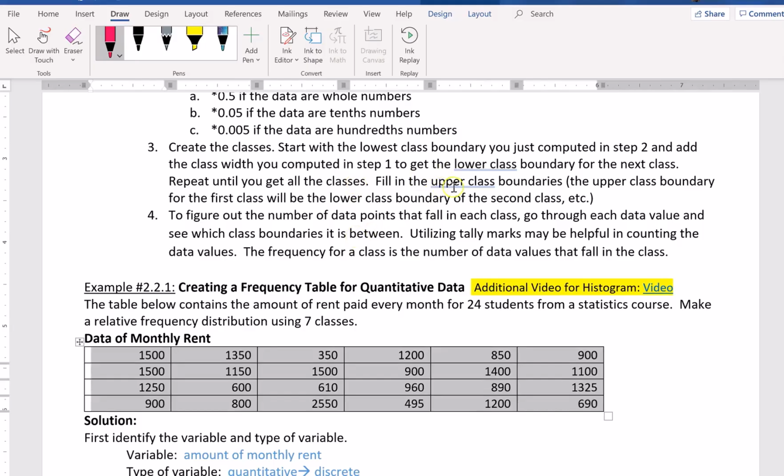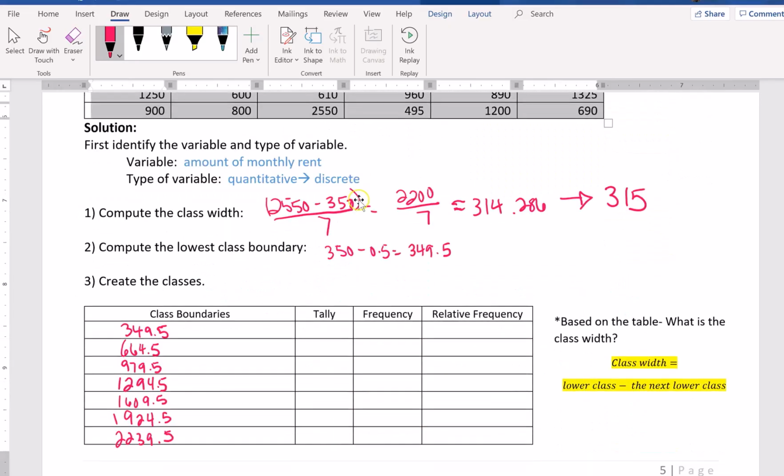Now, for the upper class boundaries, for the first class, it's just going to be the lower class boundary of the second. So this is your lower. The next number will be your upper. So 664.5 goes here.